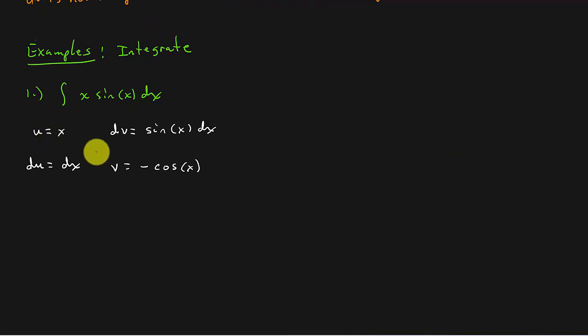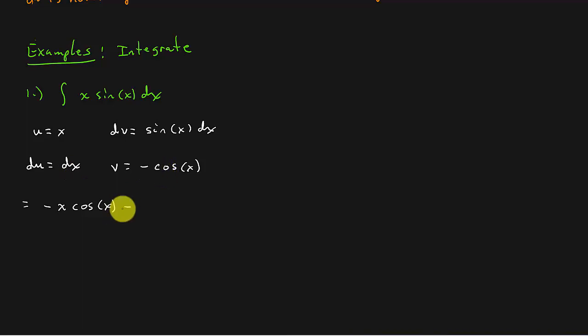So u times v, that's going to equal negative x cosine x, u times v minus the integral of v times du. So dx times negative cosine x.